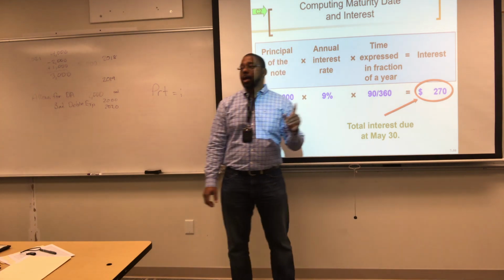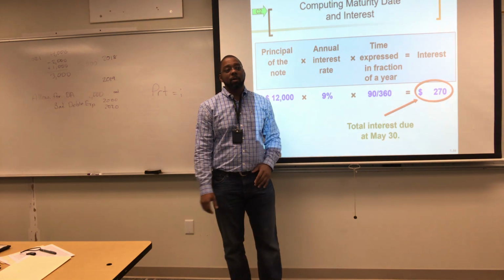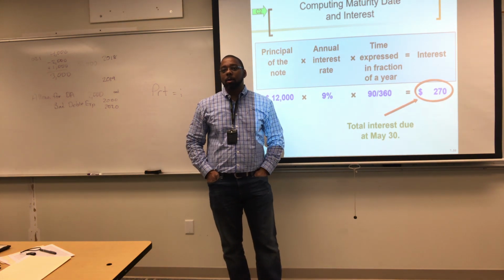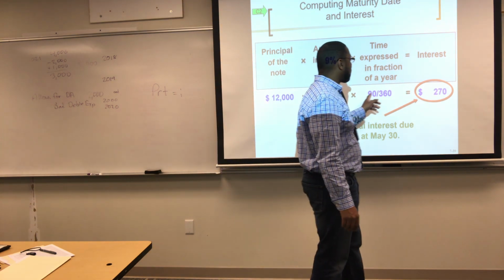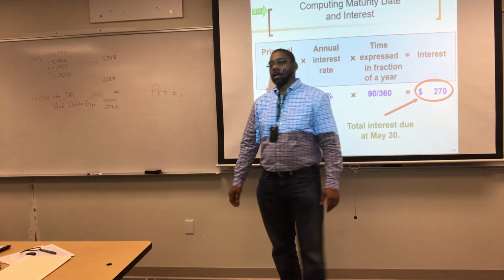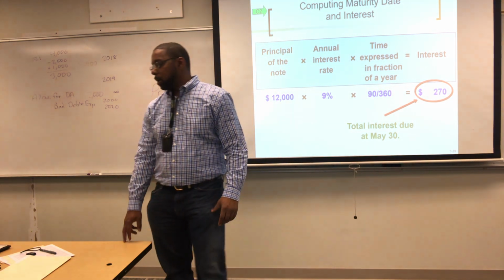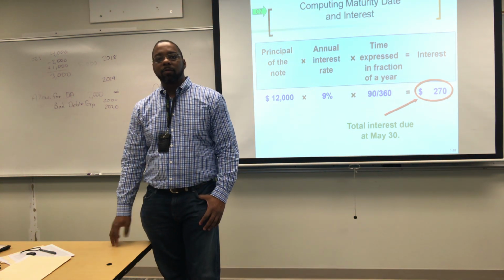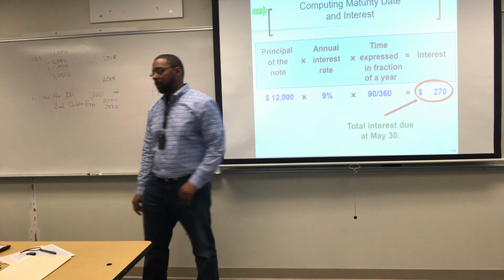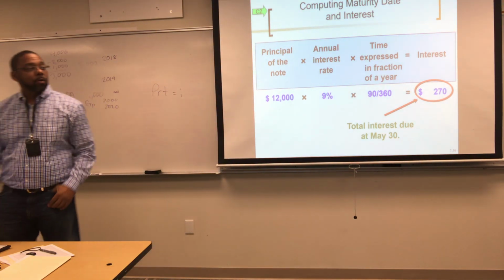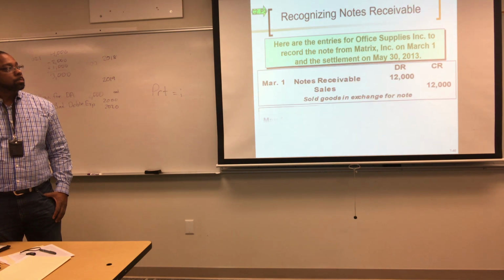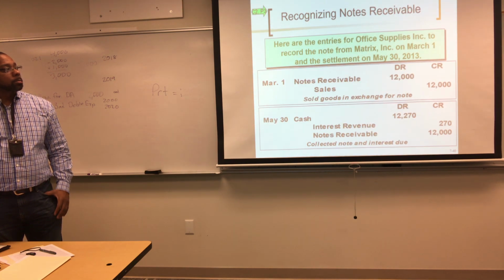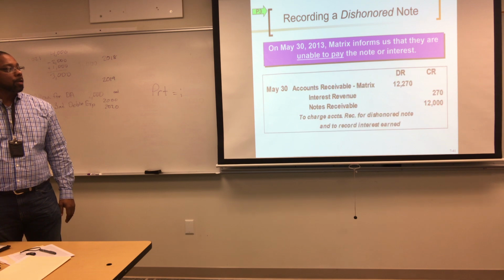Remember, when you multiply these rates, it says 9%, but you multiply by what? 0.09. Yes, 0.09. Times the time, it's 90 over 360 days, not 365. Make sure you put 360. And that'll give you the interest amount.